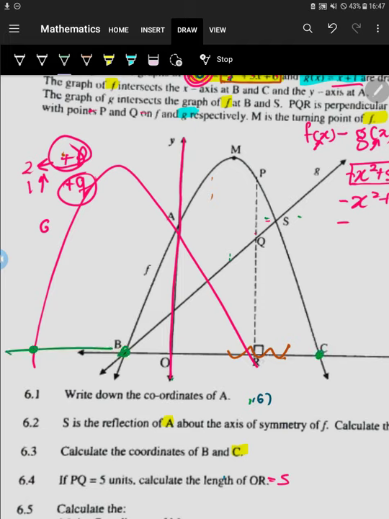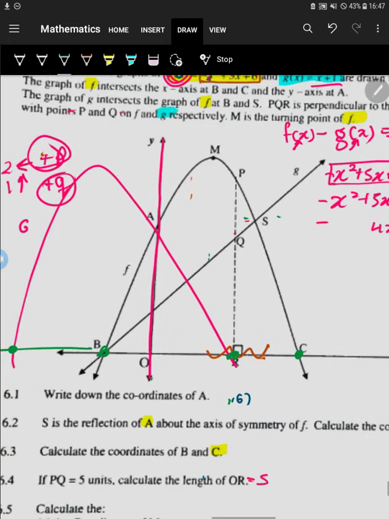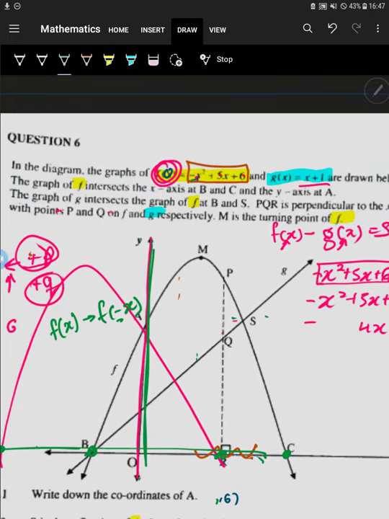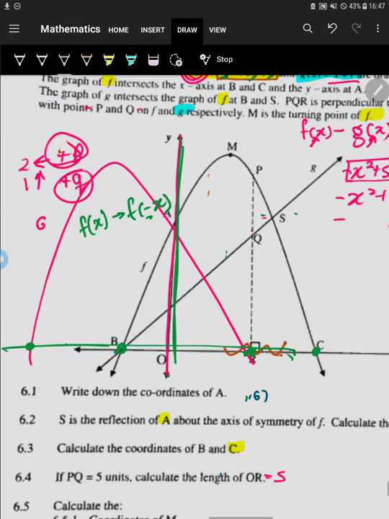So we're flipping the x values. So f of x reflected about the y-axis becomes f of negative x. And that helps us if you want the new equation, because you substitute this negative x in there and you get a new equation.